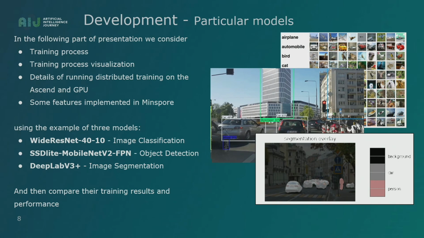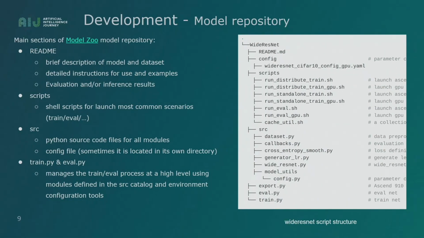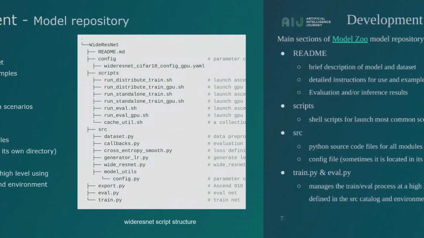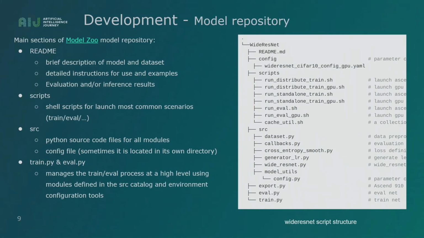We will install it, train it, and visualize the training process. On all three models, we'll see results of the training process, and we'll compare performance and the quality of metrics. As I said, we'll compare them to third-party repositories.